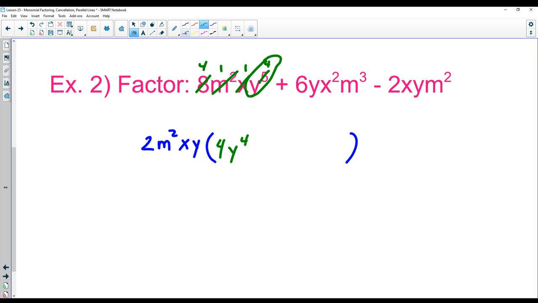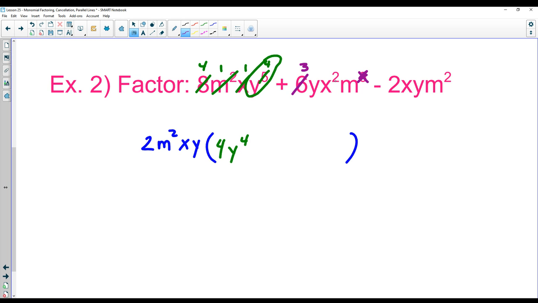All right, next up, let's factor out the GCF out of our middle term. So 2 goes into 6 3 times. M squared is next. All right, so we've got m to the 3rd. So if we take out 2 m's, we'll have 1 m left over. So let's just cross off that exponent there. Next is x.